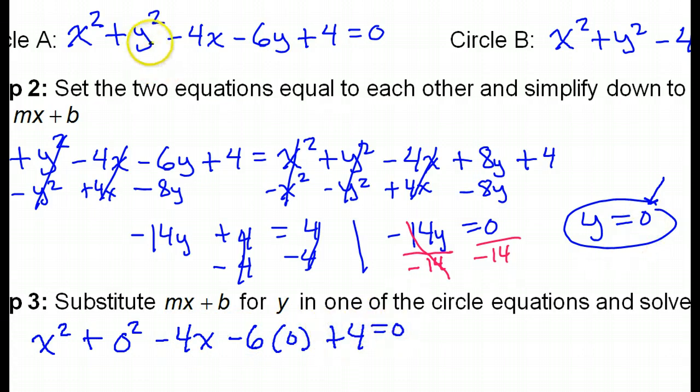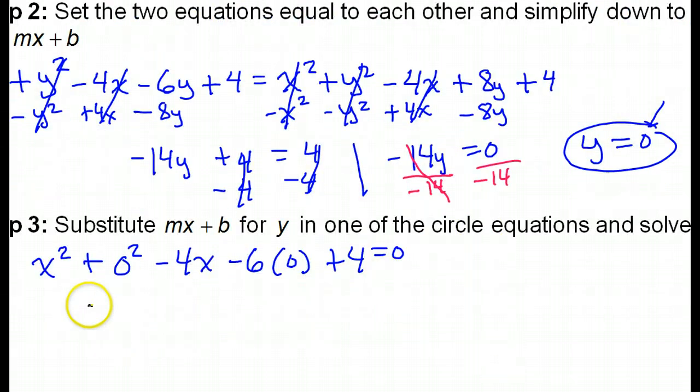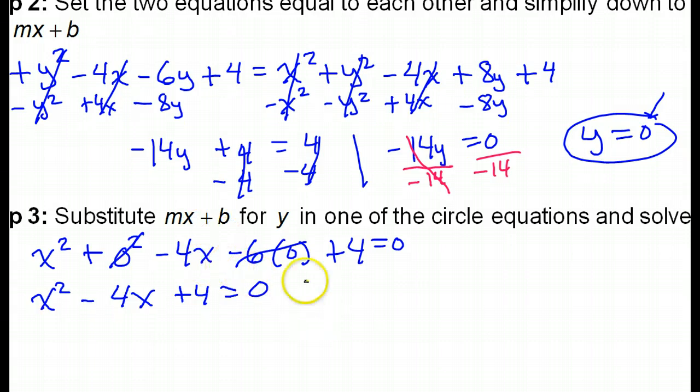Okay? Just substituted 0 for both of those y's. Well, 0 is not going to really do anything, so I'm going to have x squared, so that's just gone, minus 4x, and you know, anything times 0 is just 0, so that's gone. And that's going to be plus 4 equals 0.